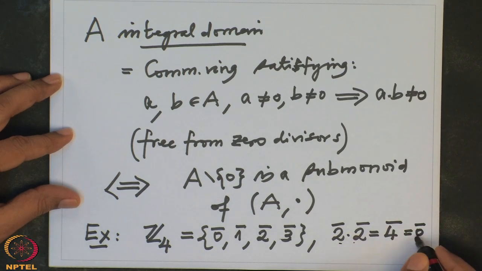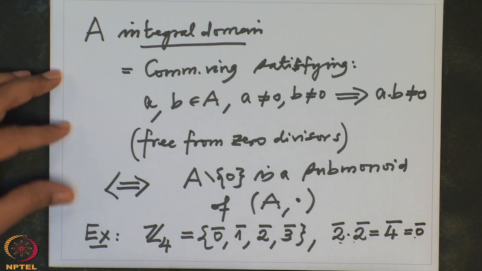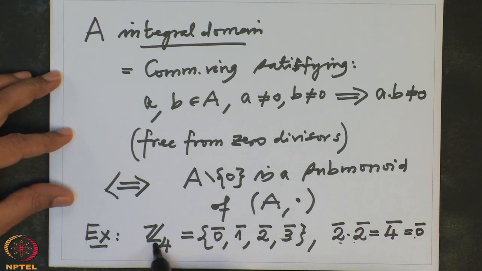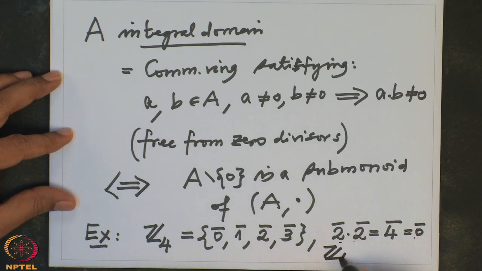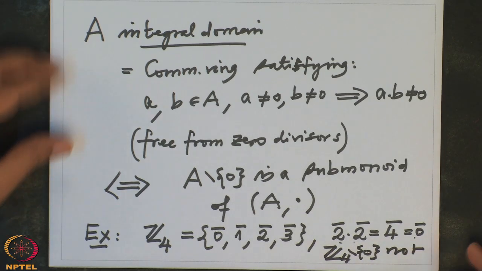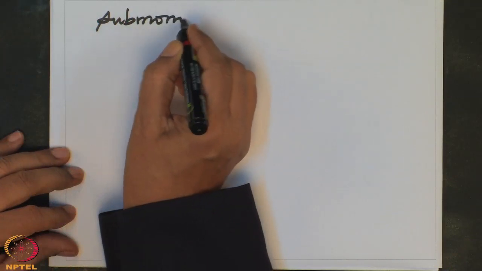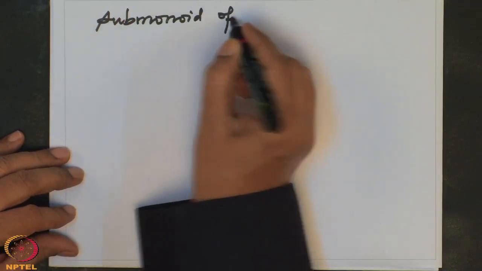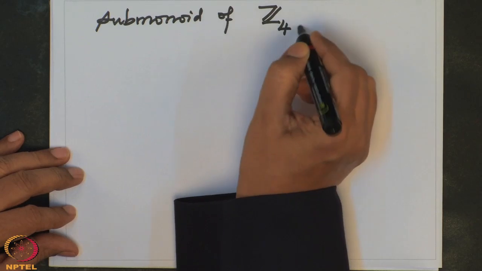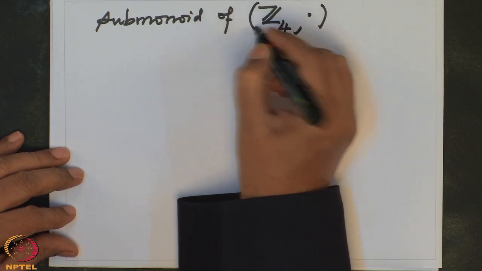So 2 bar times 2 bar is 0 bar. So when I remove 0 from Z mod 4, it is not closed under the multiplication. Therefore, Z4 minus 0 is not a submonoid of Z4 dot. And then you can write down many examples like this.